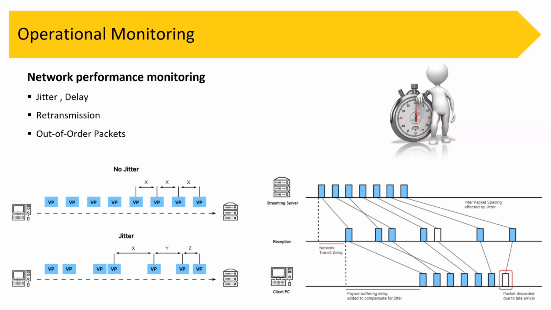It's an out of order packet, and it could be dropped because it's not in the limit of the buffer space to have it in the right order. That means that you are missing packets.